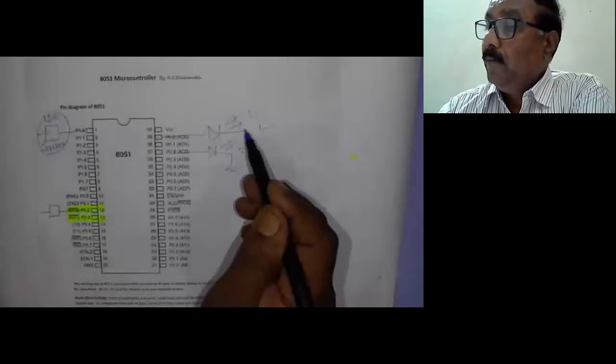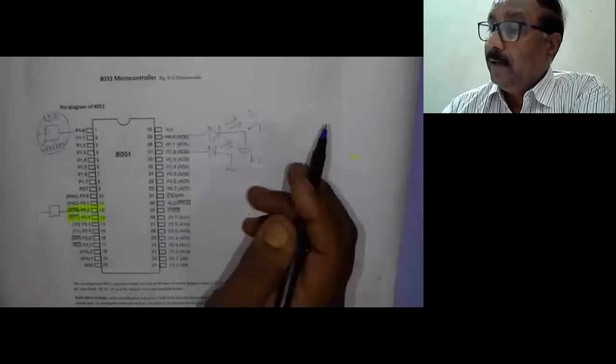So in the case of interrupts, exactly what happens? Instead of connecting this LDR to P1.0, if we connect this sensor to P3.2, that is INT0, the microcontroller continues its program for blinking of LED1. It does not need to look towards the pin P3.2.